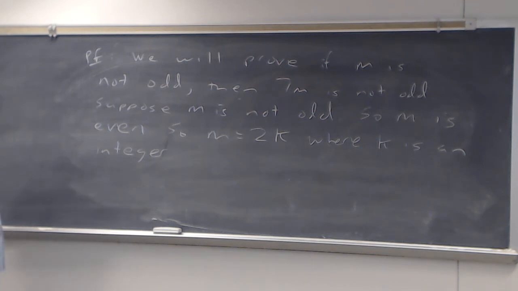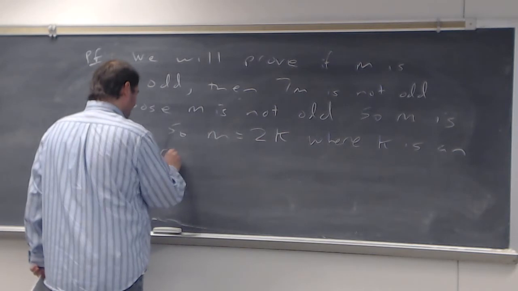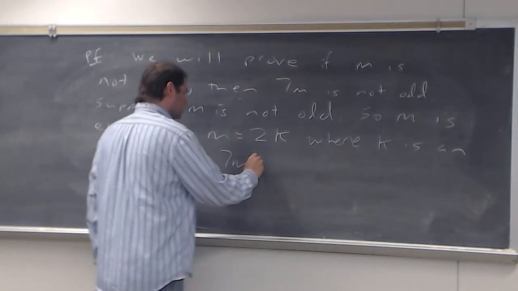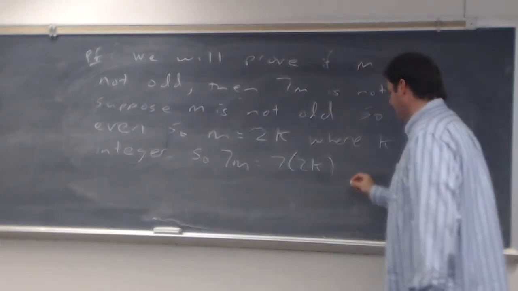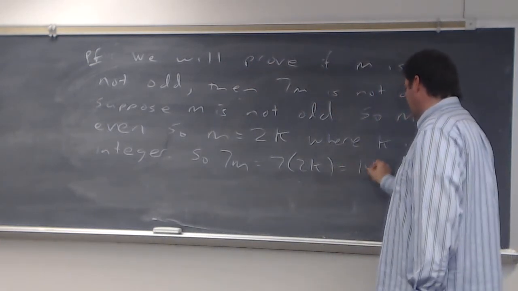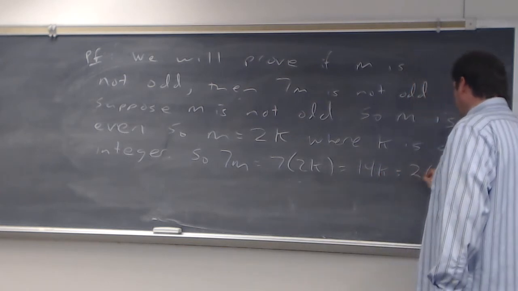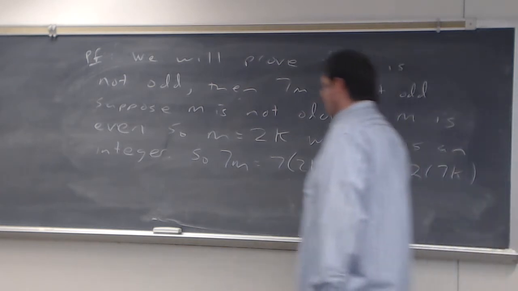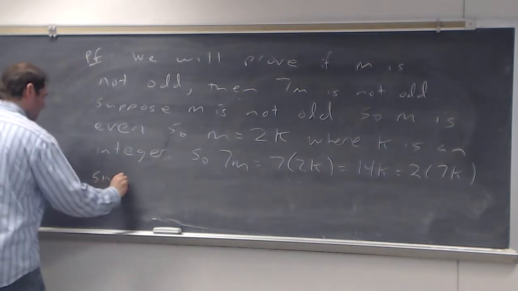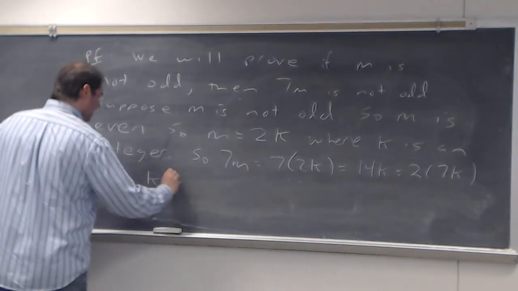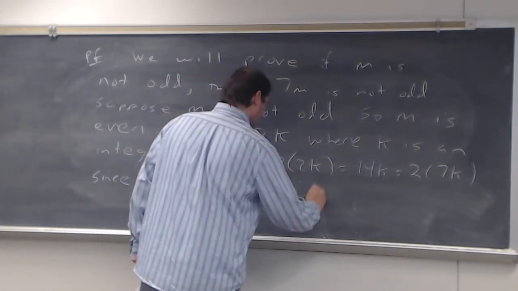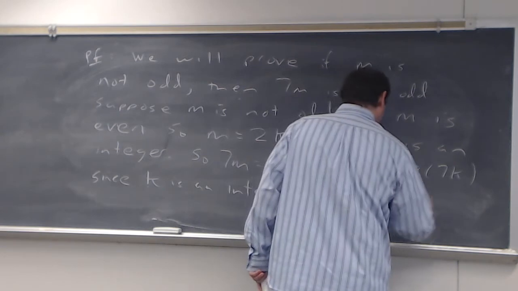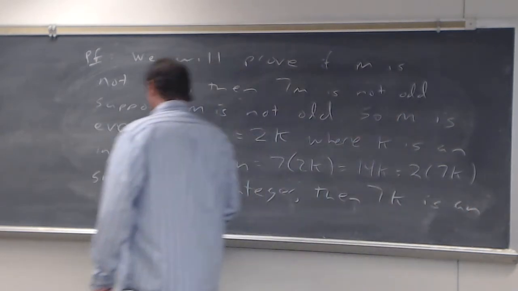Okay. Now what we're trying to do is to show that 7M is not odd. Well, let's look at 7M. 7M is going to be equal to 7 times 2k, because I'm just replacing M with 2k. And that's equal to 14k, which is equal to 2 times 7k. Well, since k is an integer, then 7k is an integer.